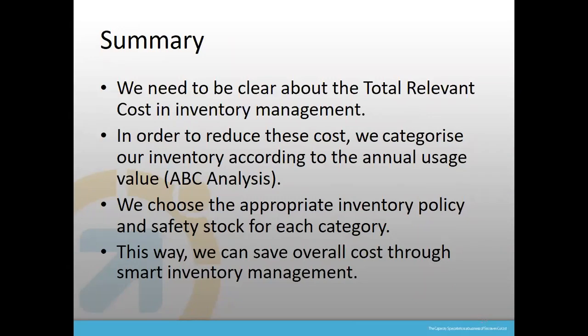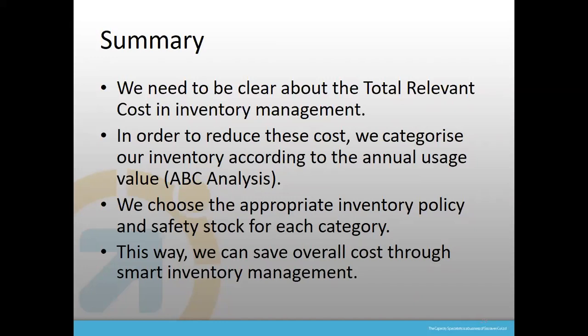We want to reduce these costs, and what we can do is we can put the goods into 3 categories, A, B, C analysis. So category A is the highest annual or yearly inventory value, which we calculate by how many of these items we use per year, multiplied by the price of these items, right? And we do that for each SKU.